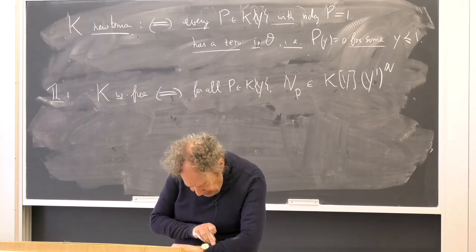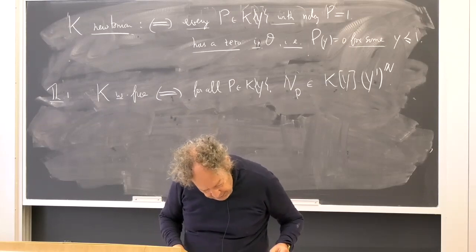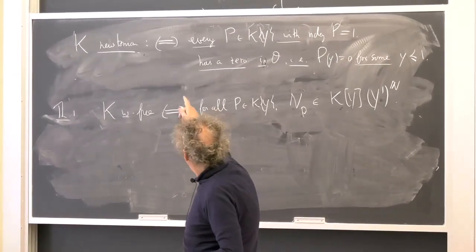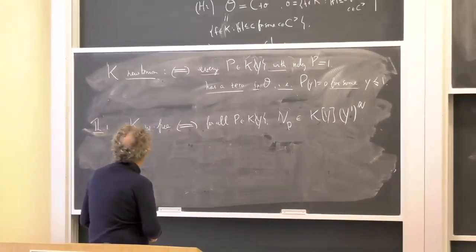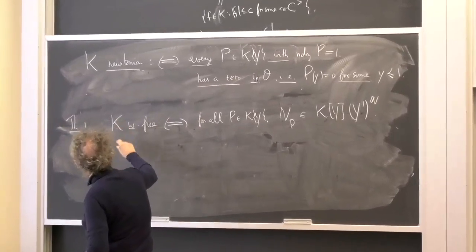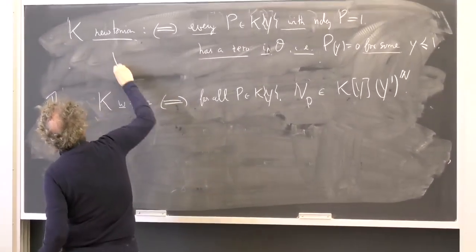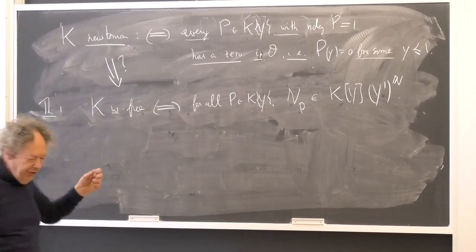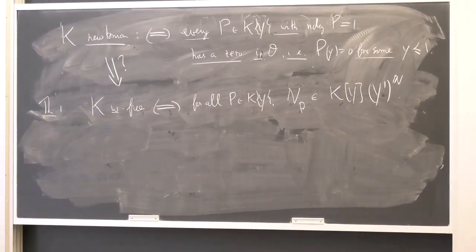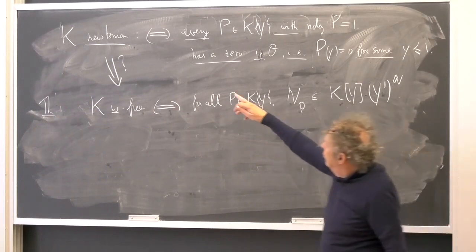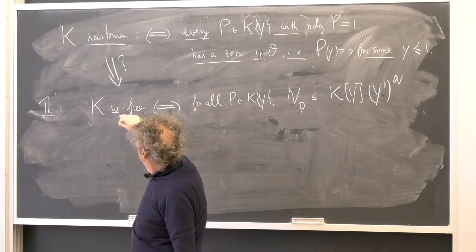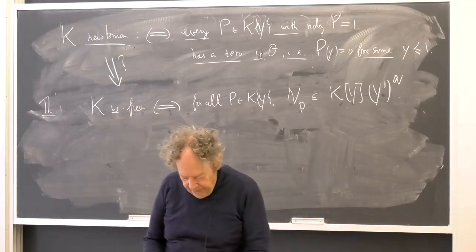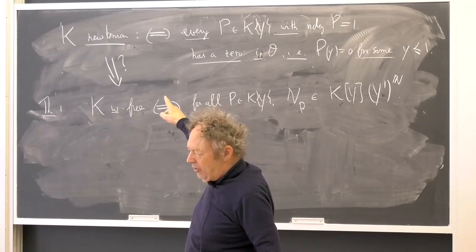Okay, now I have to stop, I think. So next week I can say more about Newtonian and the relation to omega-freeness. Maybe I should say, we don't actually know whether Newtonian implies omega-free. In principle, they have been defined independently of each other, and we don't know whether Newtonian implies omega-free. Certainly, omega-free does not imply Newtonian, but it could be that Newtonian implies omega-free. We don't know. Does Newtonian imply lambda-free?